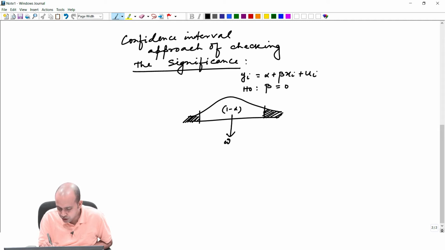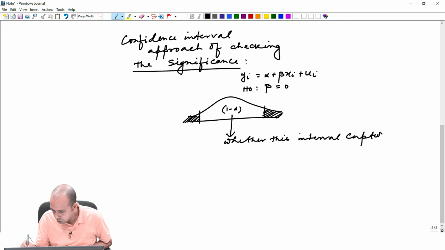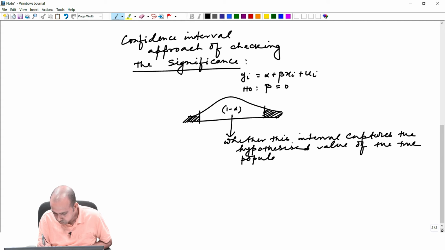So, what we have to check is whether this interval captures the hypothesized value of the true population parameter or not.